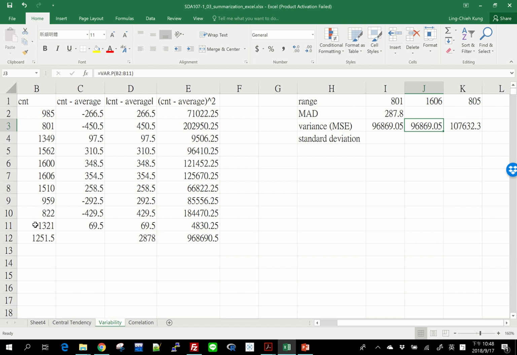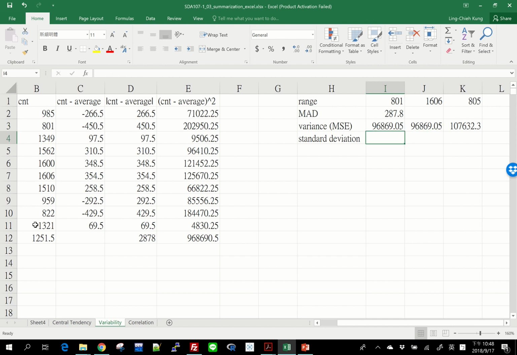But we will delay the use of sample variance until we really focus on inferential statistics. At this moment, just calculate population variance. And another good thing is that if you have thousands or millions of values, these two functions don't really matter, so you don't need to worry too much about it.